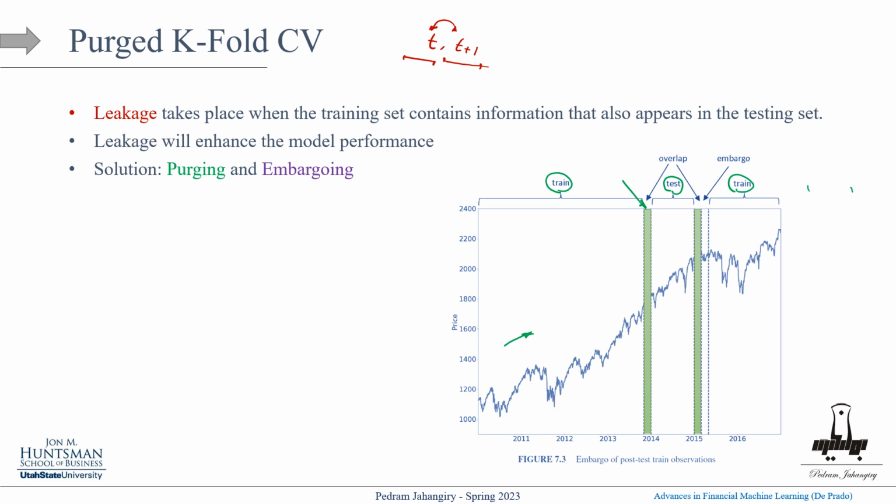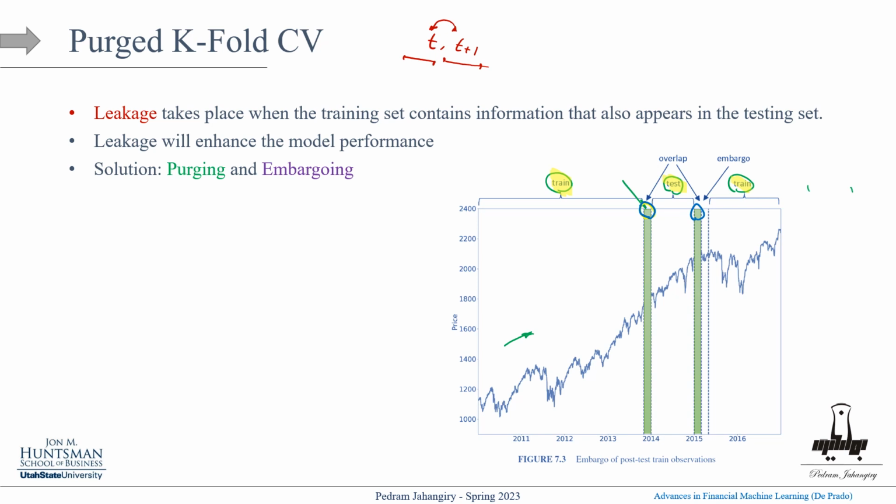We are going to remove, or purge, observations from the train set that have overlap with the test set. This is our train, this is test, this is train again. So remove these observations that overlap between train and test. We're going to have an extra cushion here, an extra cushion here. This is the idea of purging.